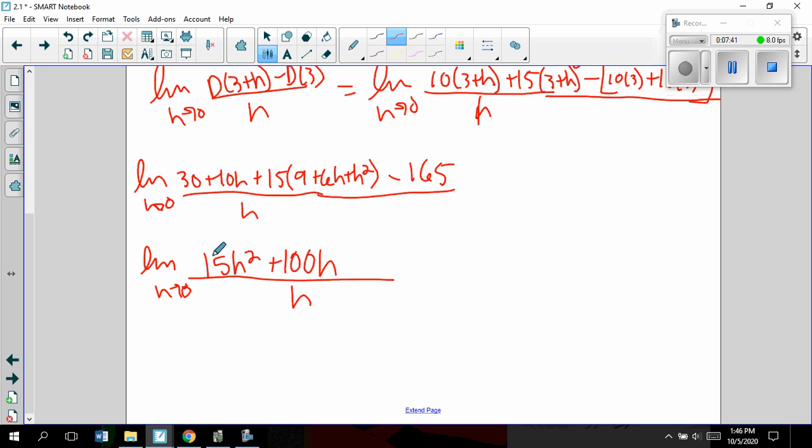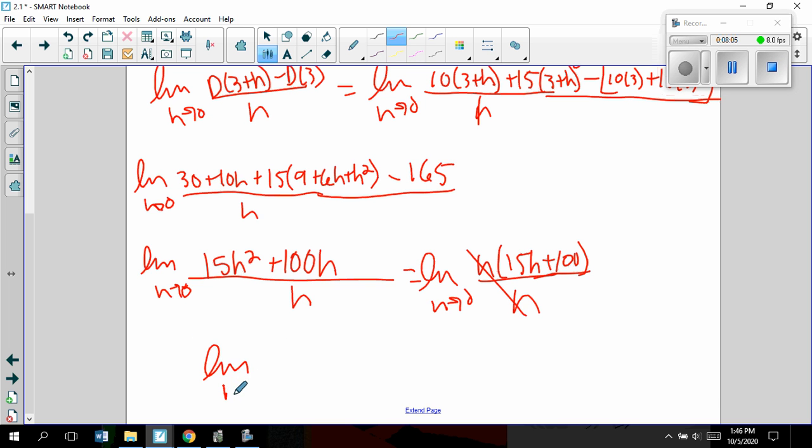Now you cannot cancel anything right now. The only time things cancel in a fraction is when it's factored and you have two factors that are the same and then they divide to 1. So you must go to here, take out that h, 15h plus 100 over h. Now they factor out and cancel.